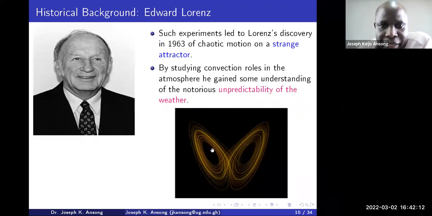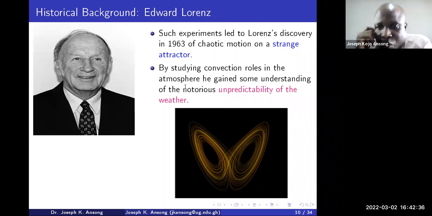Okay, so using computers, Lorenz did a lot of experiments and discovered what is now called the strange attractor. You would often see this symbol here in most dynamical systems texts and even differential equations texts, referred to as a strange attractor due to the work of Lorenz.